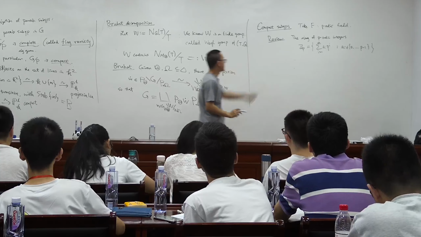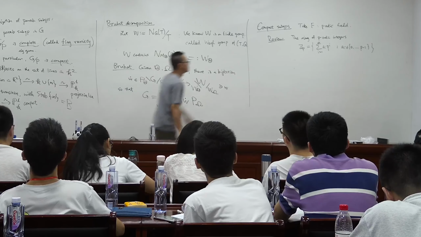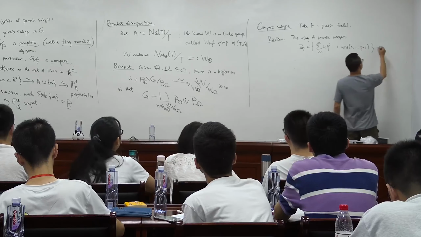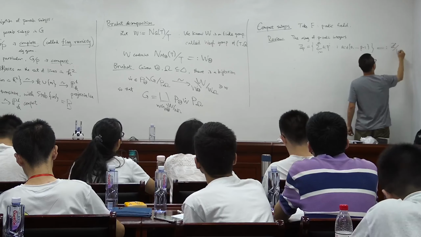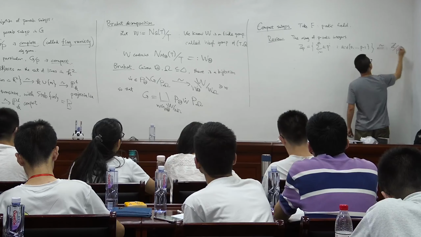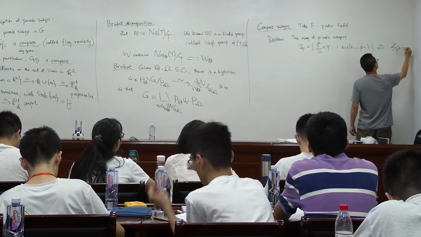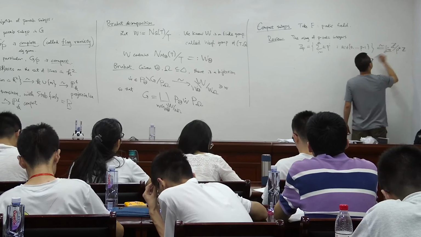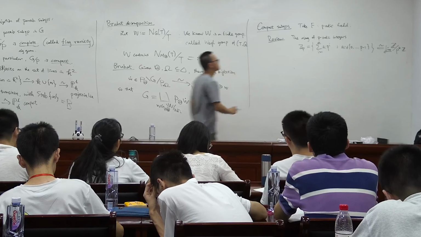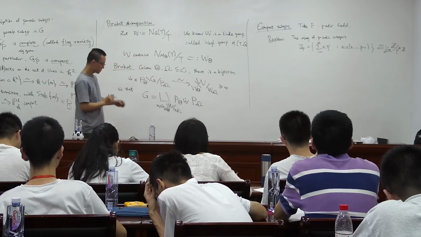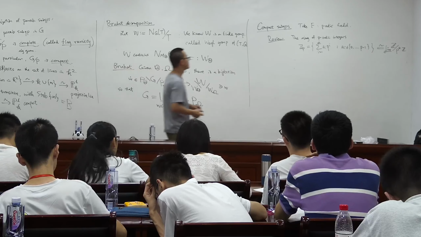So this is the same as the inverse limit of Z mod p to the k. Same thing.